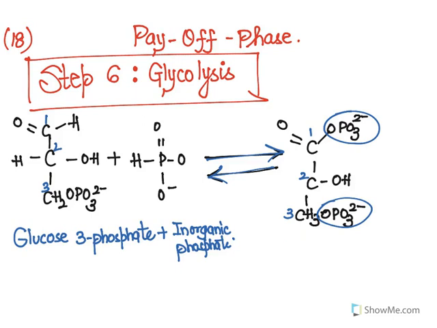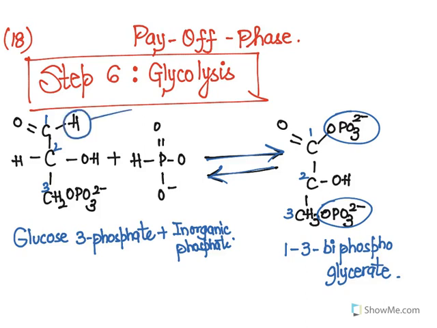So what do we call it? The name will be 1,3 bi. So we have 2 phosphate groups. So biphosphoglycerate. Now, as you can see, as the reaction is moving forward, this hydrogen is removed, and in place of the hydrogen, we get the phosphate group.